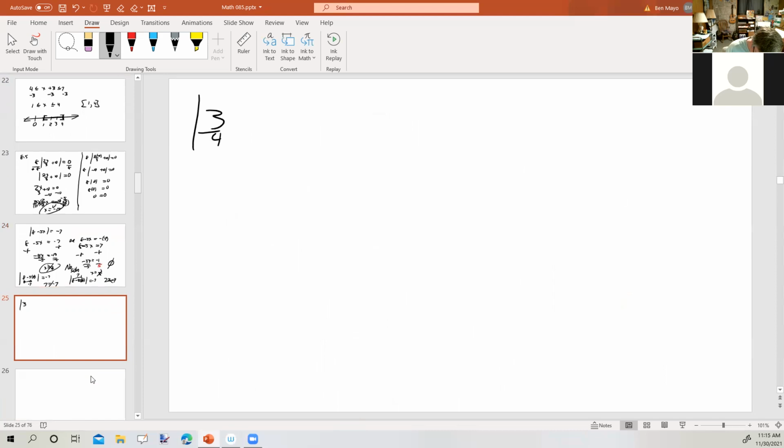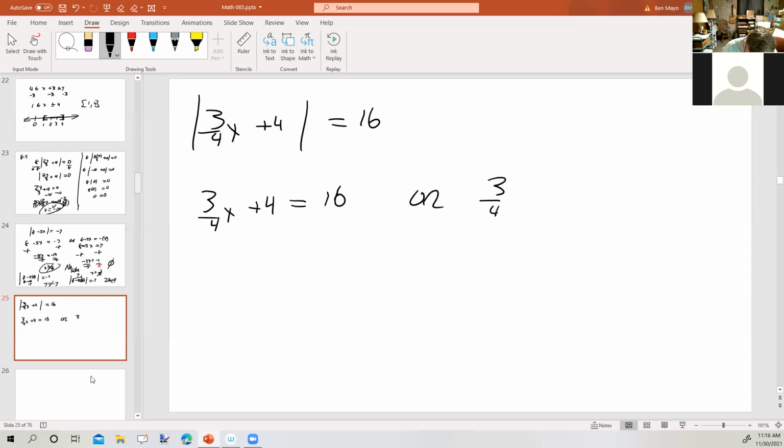Absolute value of 3/4 x plus 4 equals 16. Then you take what's inside equals what's outside, or what's inside equals the opposite of what's outside, and you solve each of those equations. You get two potential solutions.